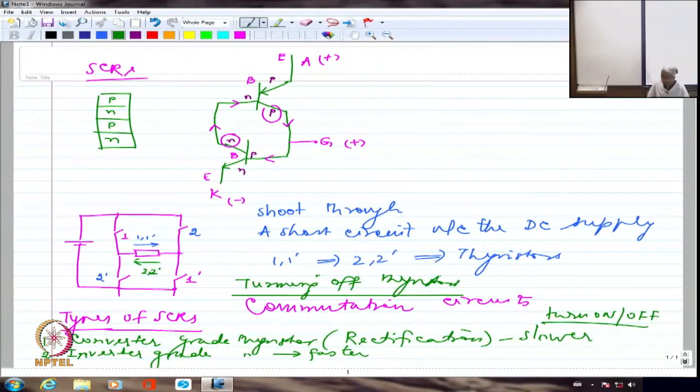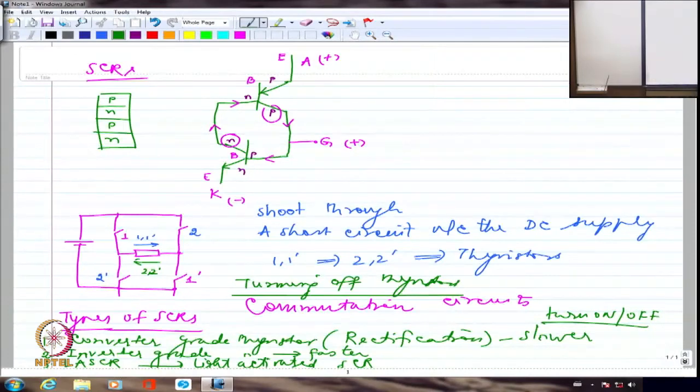So the third one is LASCR. LASCR is light activated silicon controlled rectifier. So those devices will be activated basically by light. So these are light activated SCRs. So these are mainly the three types of devices that are available in the market if you go under the category of SCR.